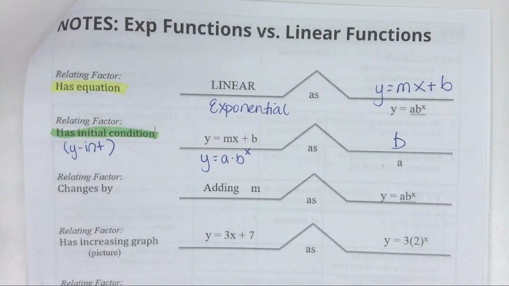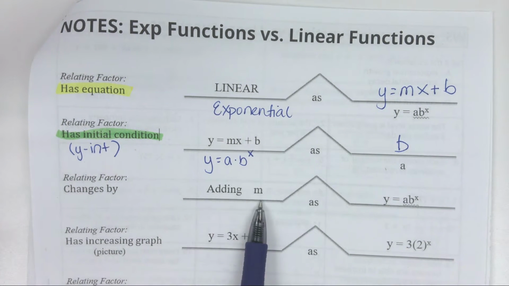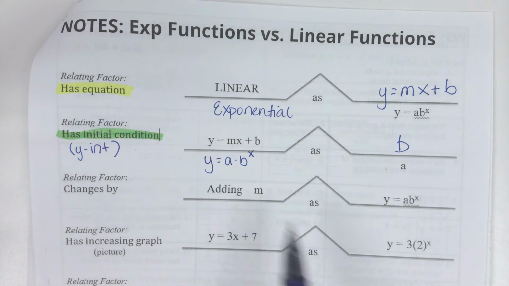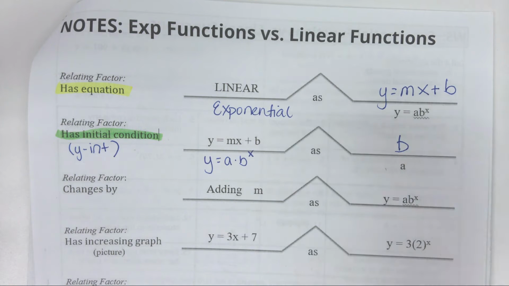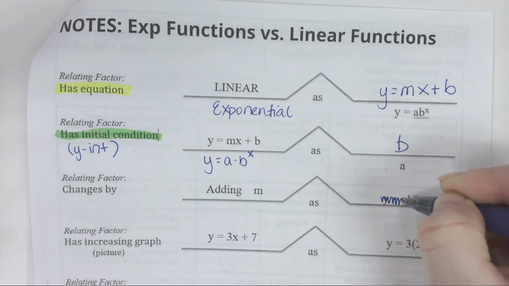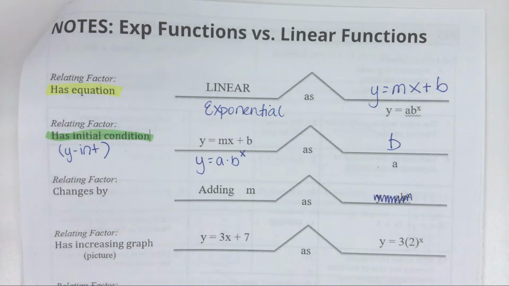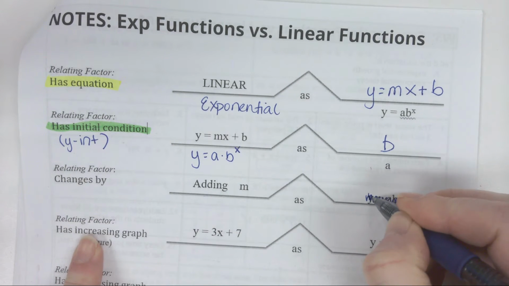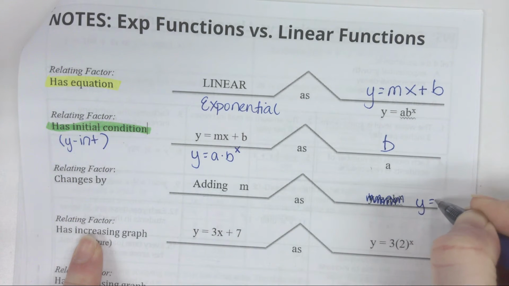When we're doing lines, we are adding M, or the slope, adding is the key word here, onto our equation. This is wrong. What should this be? This is a line, right? Would you cross that out? That should be y equals mx plus b.